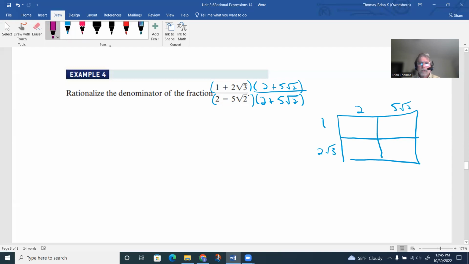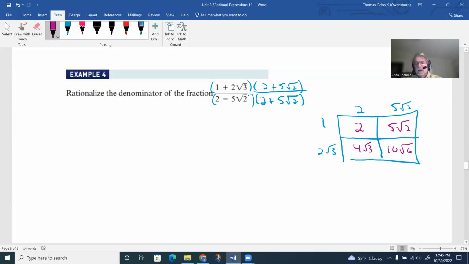If I multiply this out, 1 times 2 is going to be 2. 1 times 5 radical 2 is going to be 5 radical 2. 2 square root of 3 times 2 is going to be 4 square root of 3. And then 2 square root of 3 times 5 square root of 2 is going to be 10 square root of 6.